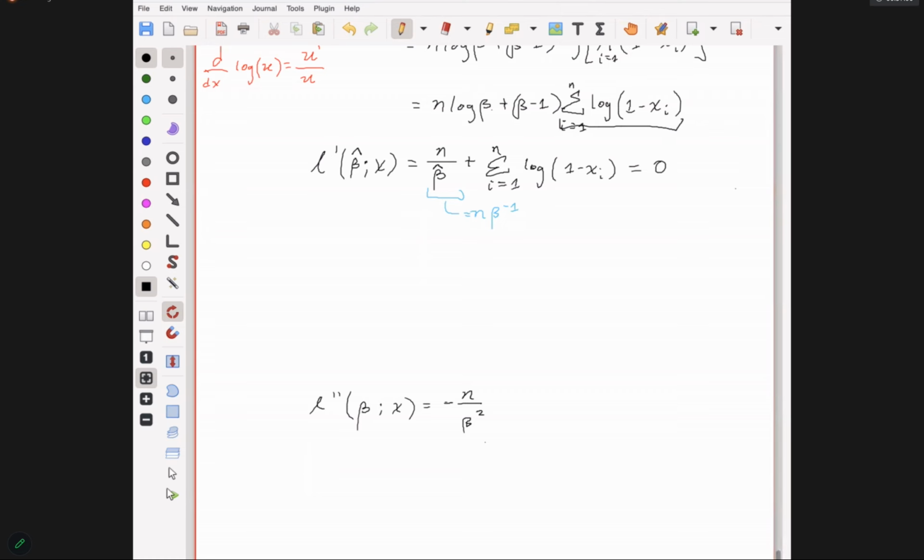This thing that I just underlined is getting multiplied by beta. So you differentiate the second term with respect to beta. The derivative is the sum of the log of 1 minus x_i. That's constant with respect to beta. It's not 0 though. Okay, because you put beta as 1, then it becomes 0. Right? So beta becomes 1. What do you mean by that?